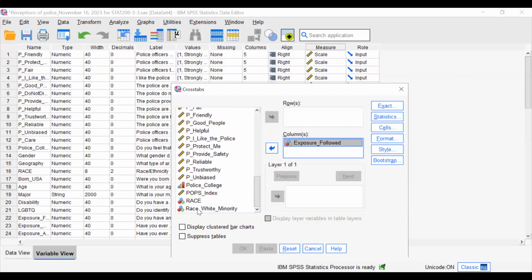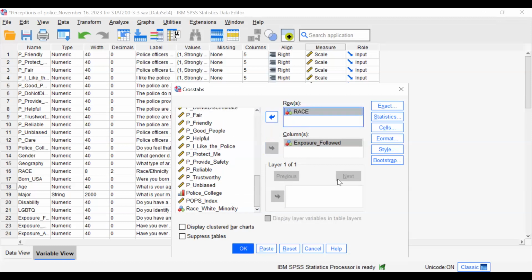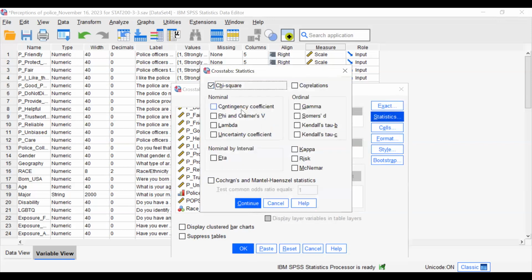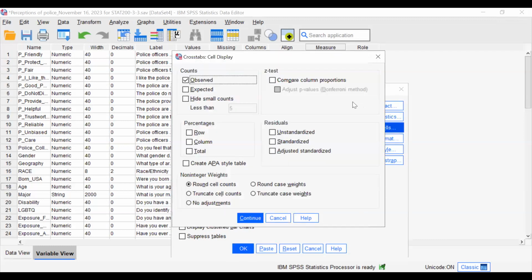Well, actually, no, I'm going to take the elaborated one here. And then I'm going to put that into the row column. And then let's go to Statistics. We need the chi-square test. Continue. And then for Cells, we are going to select row and column.